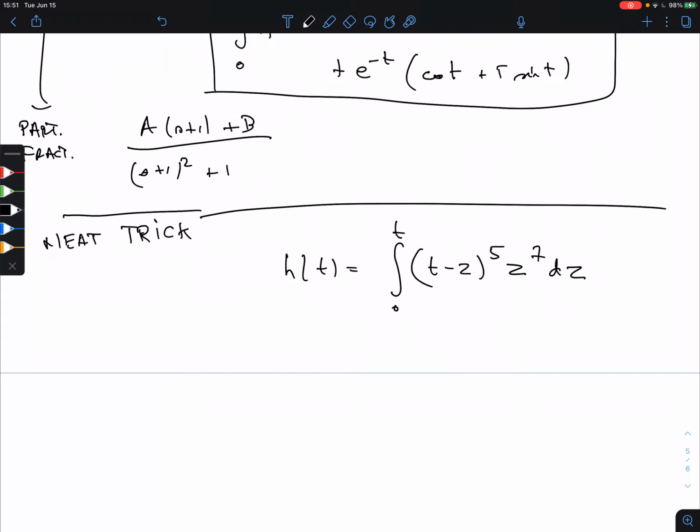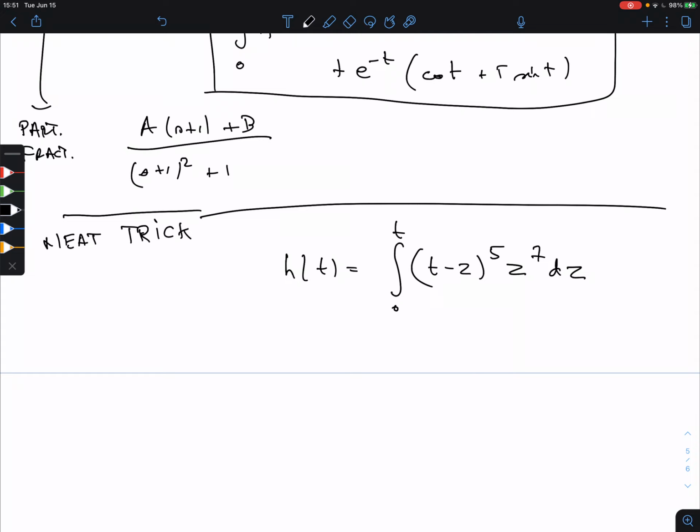You say, okay, all right. It's a polynomial. t is, as far as the integration is concerned, a constant. So it's a polynomial in z. I expand and then do the product rule. There's nothing difficult here. You can do it. But expansion.